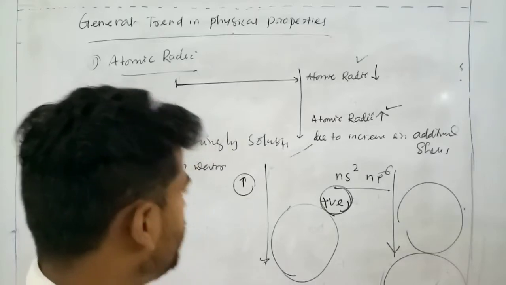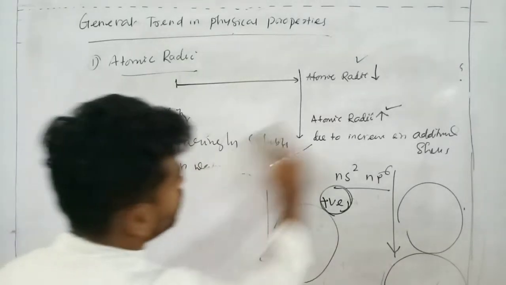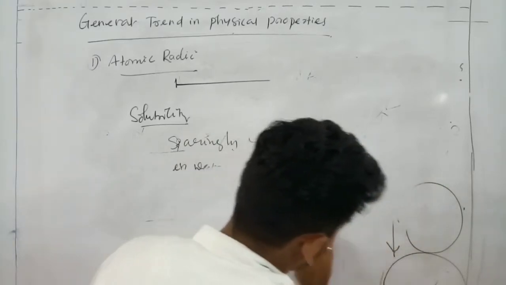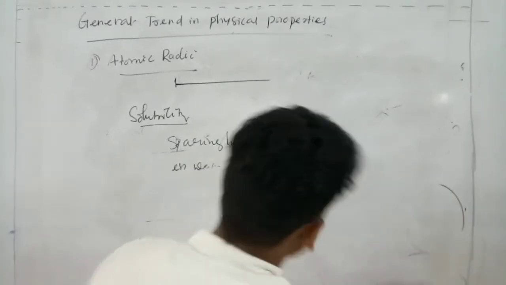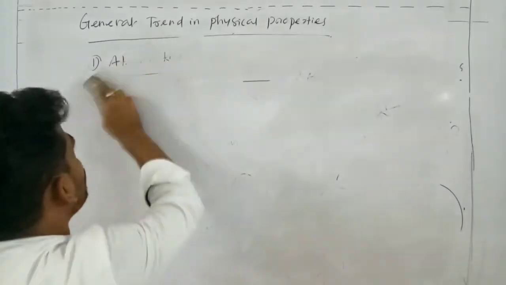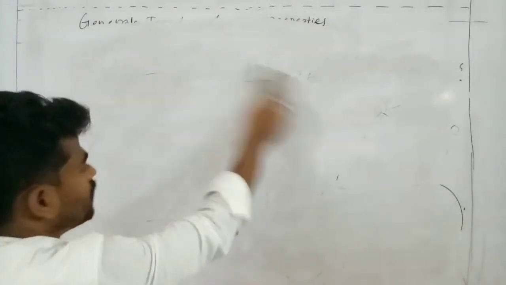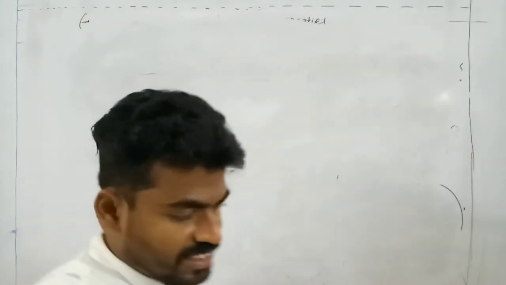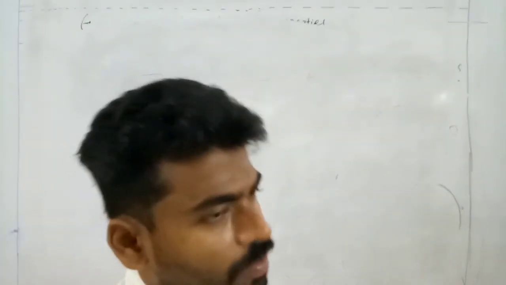Then the next important characteristic is liquefaction. It is very difficult to liquefy these inert gases or noble gases, because they are pure gases characterized by very weak van der Waals forces of attraction.